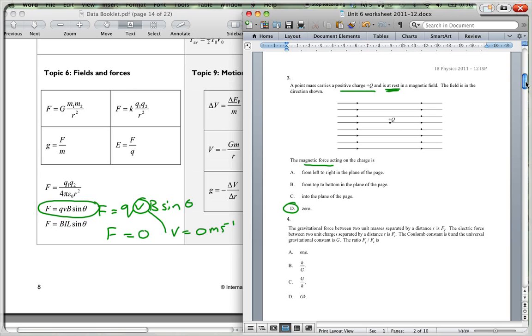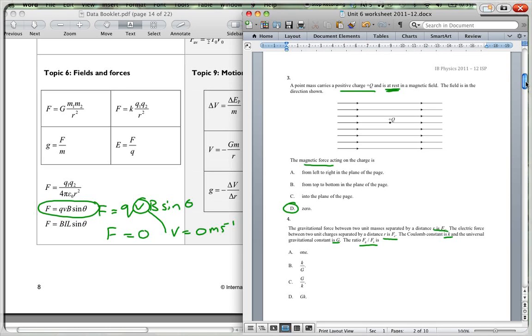Question 4. The gravitational force between two unit masses separated by distance r is Fg, and the electric force between two unit charges separated by distance r is Fe. The Coulomb constant is K and the universal gravitation constant is G. The ratio of Fg to Fe is.